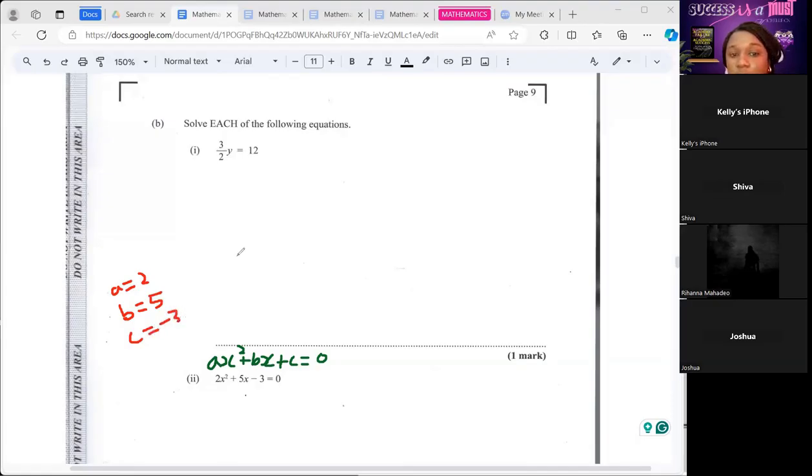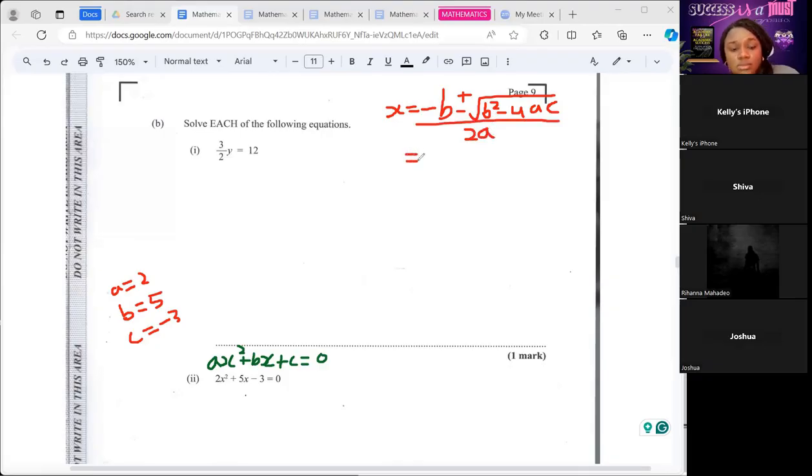I think most people know that, right? So the formula is x is equal to negative b plus or minus the square root of b squared minus 4ac, everything divided by 2a. So that's the formula.